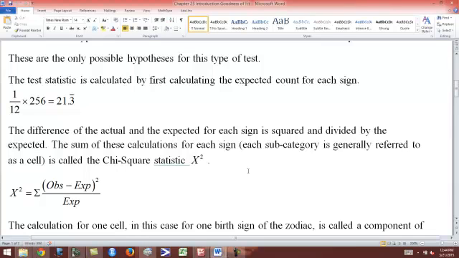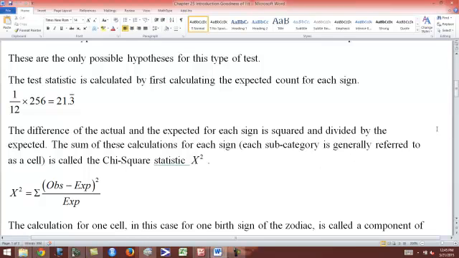The difference of the actual and expected for each sign is squared and divided by the expected. The sum of these calculations for each sign, for each subcategory, generally referred to as a cell, is called the chi-square statistic, and it's symbolized by the italic capital X with the square next to it. So the chi-squared statistic equals the sum of the observed minus the expected squared divided by the expected.